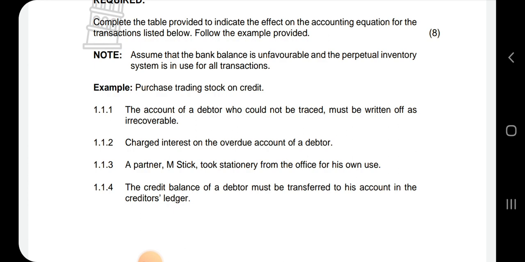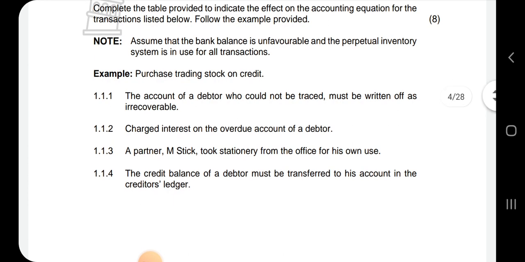And debtors will also decrease because we are losing out on a person who would have potentially paid us. So for 1.1.1, it's a decrease in asset and a decrease in owner's equity.